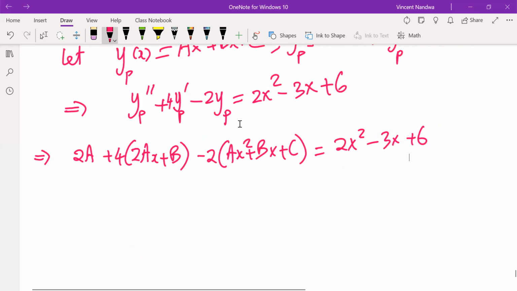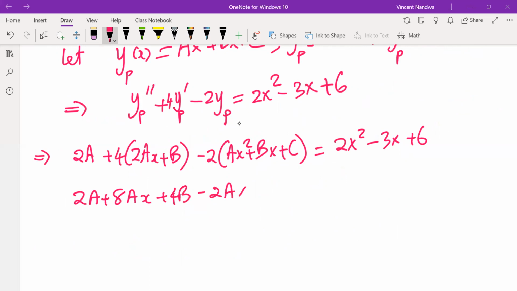So that we'll have 2a plus 8ax plus 4b minus 2ax squared minus 2bx minus 2c equals 2x squared minus 3x plus 6.